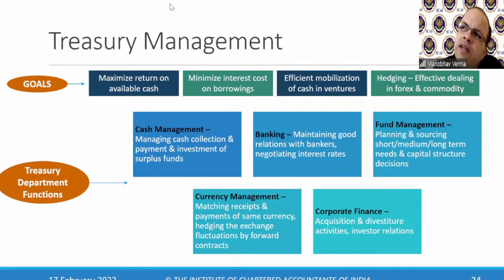Can anyone tell me what could be the significance of the negotiation of fixed deposit rates by corporates with banks for, let's say, 5 days, 7 days? Can anyone tell me what could be the significance of that kind of negotiation?